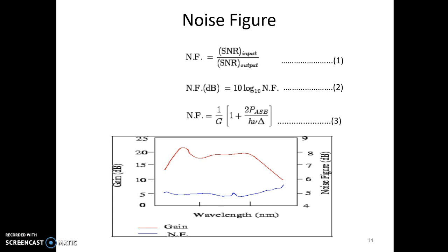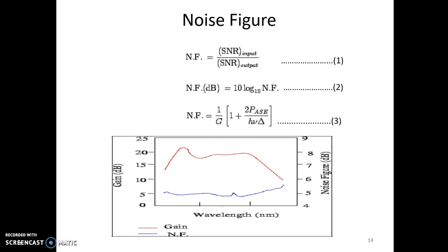And the noise figure thus depends both on the pump power and EDFA length. Quantum mechanics puts a lower limit of 3 dB to the optical noise figure at higher optical gain.